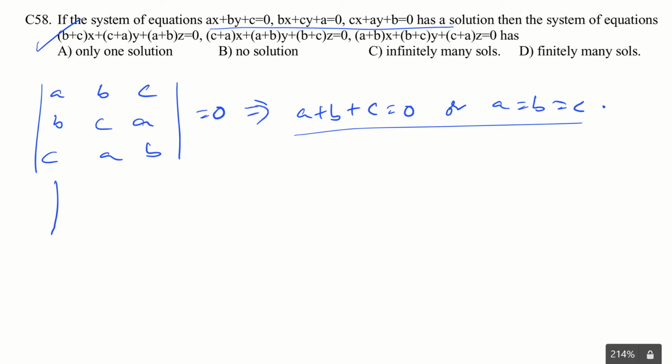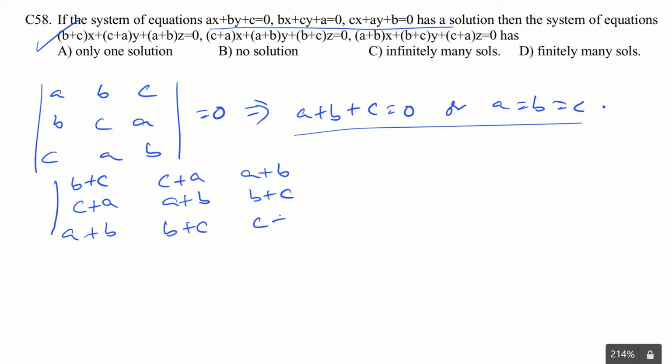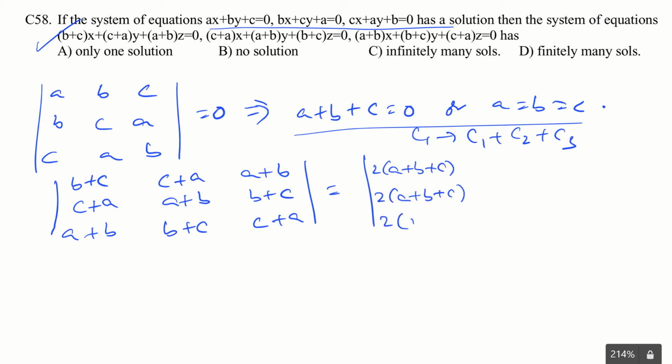So if I go for the coefficient determinant, I'll get B + C, C + A, A + B; C + A, A + B, B + C; A + B, B + C, C + A. Now replacing C1 by C1 + C2 + C3, I get 2(A + B + C) everywhere, and these two columns we write as they are without disturbing them.